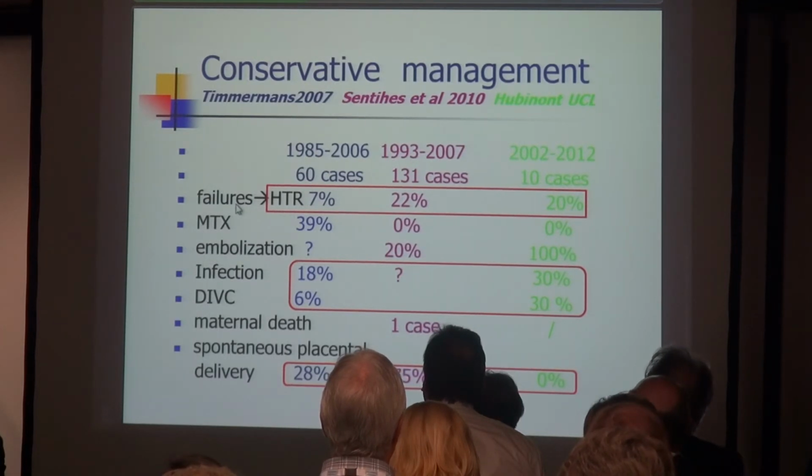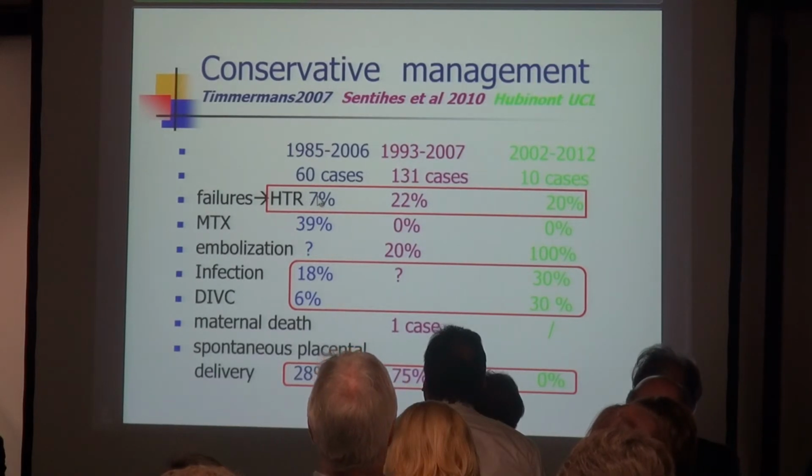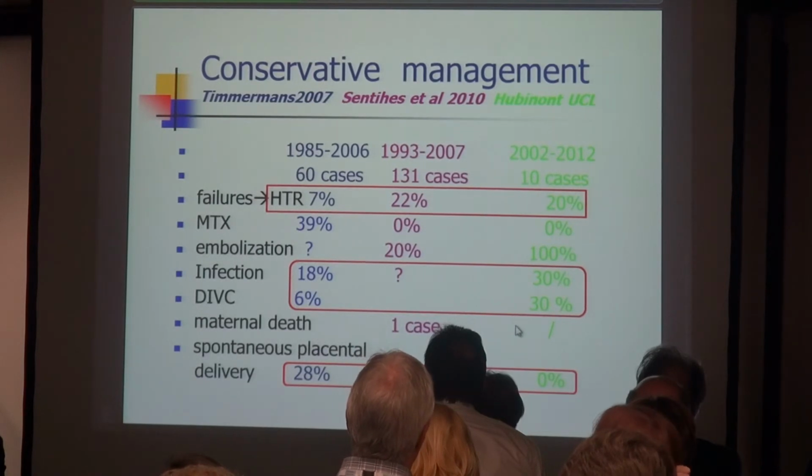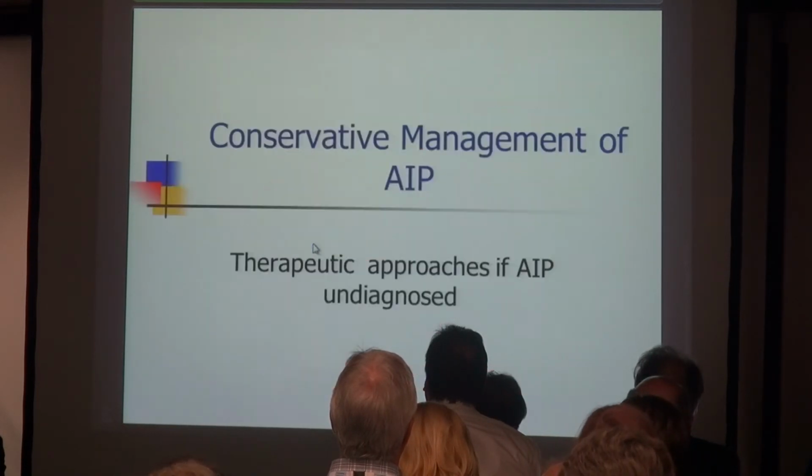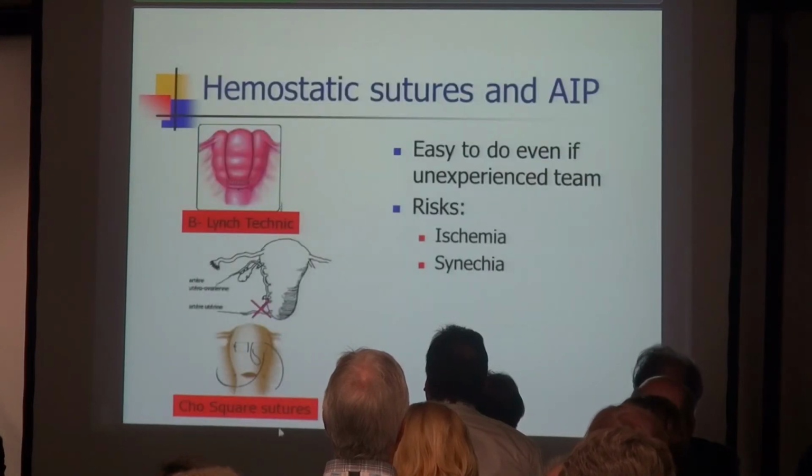There are failures of this conservative management, and you see that the hysterectomy is performed between 7 and 20% despite the decision of this conservative management.